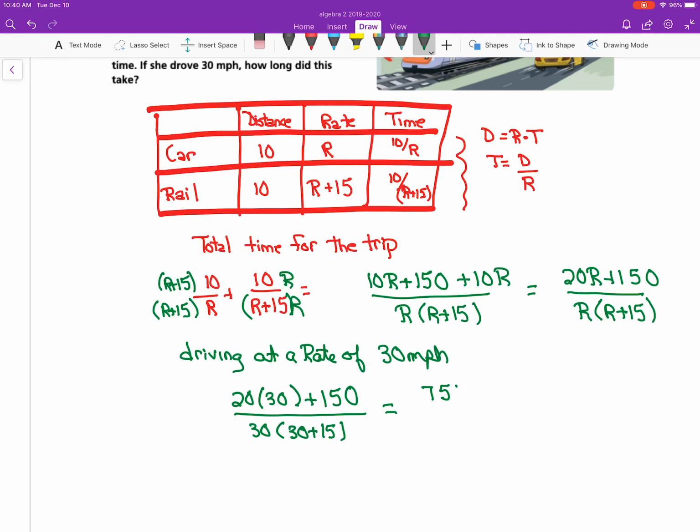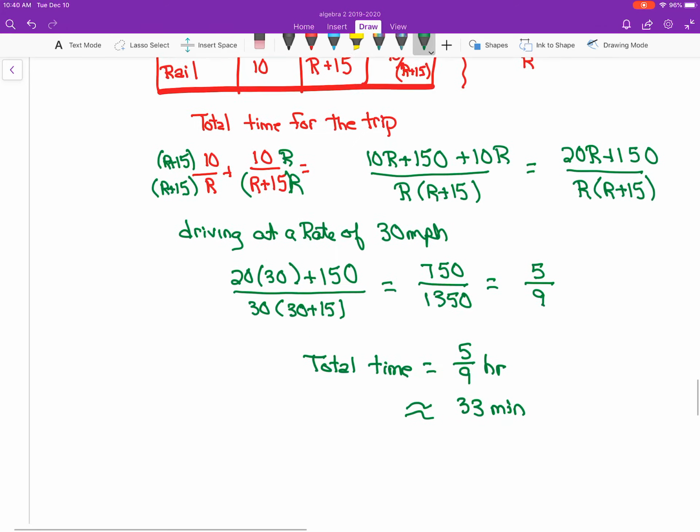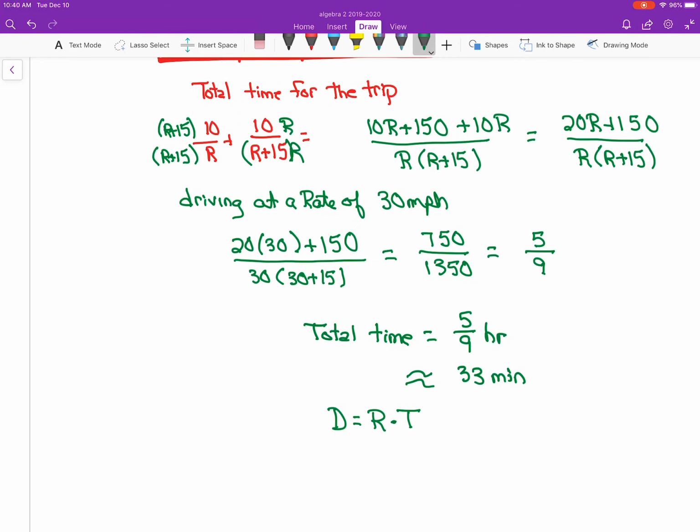Using your calculator, you get 750 over 1350, which reduces to 5 over 9. So the total time is 5/9 of an hour, which is about 33 minutes. So that's a little challenging. The most important part is to remember distance equals rate times time and being able to set up a table. Once you get that, it's not too bad.